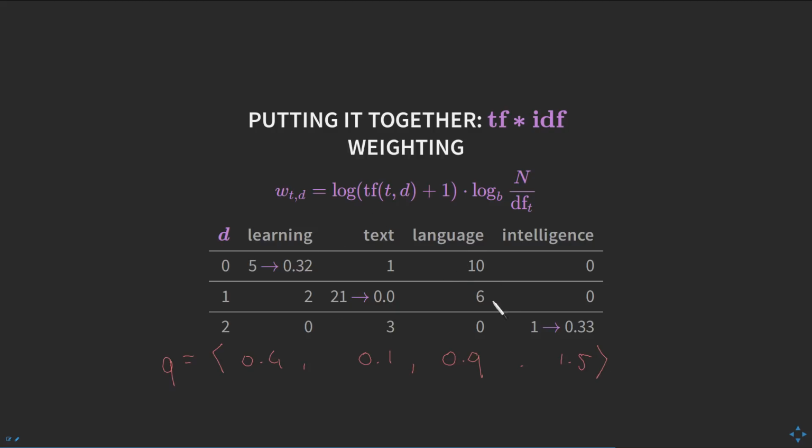Now, depending on the weightings that we have here, we calculate the distance between our query and these 3 documents that we have, and then in the end we would want to say our query is most similar to document 0 at first.